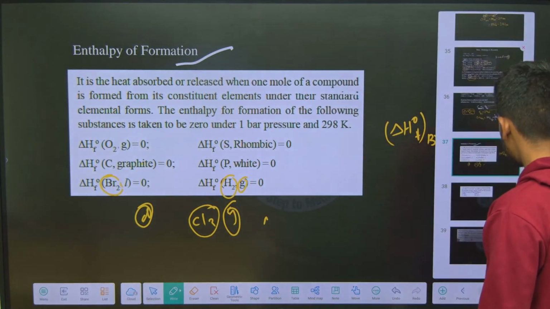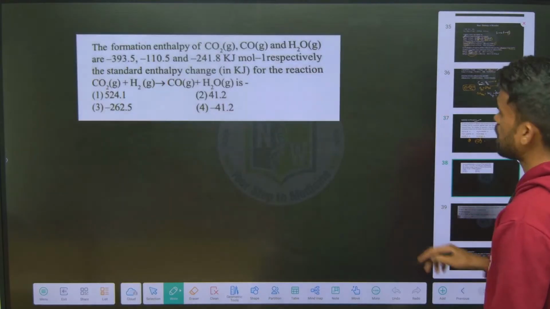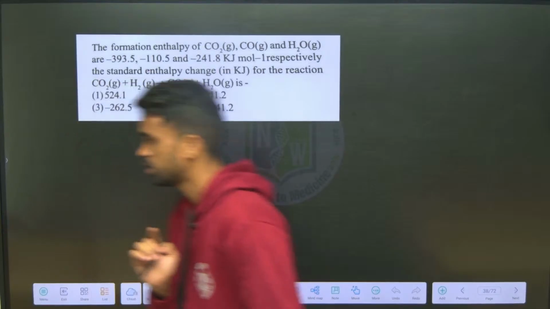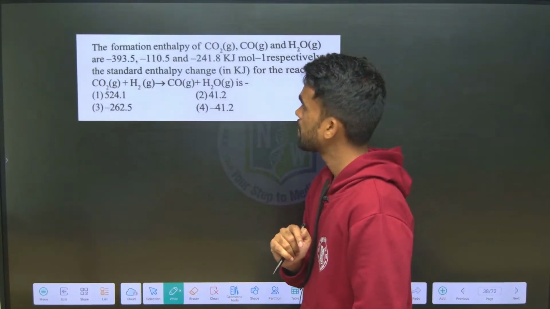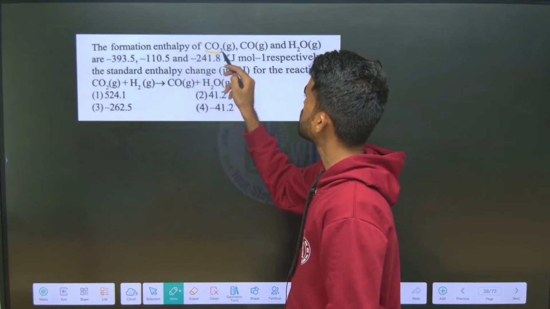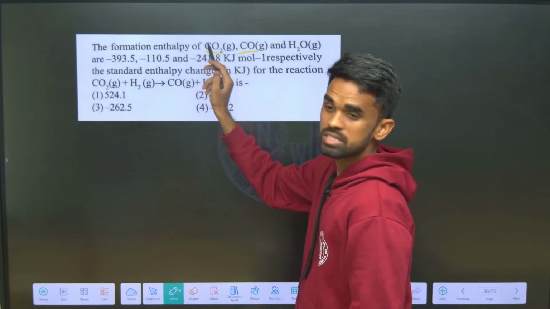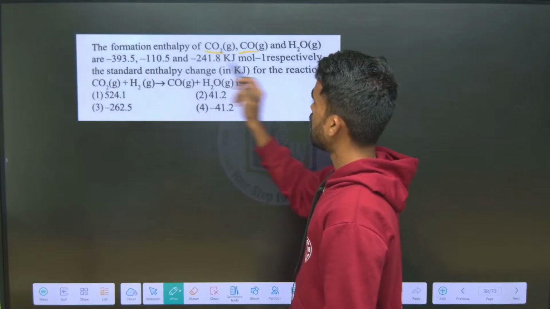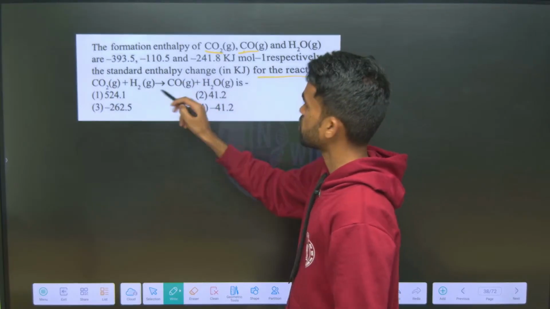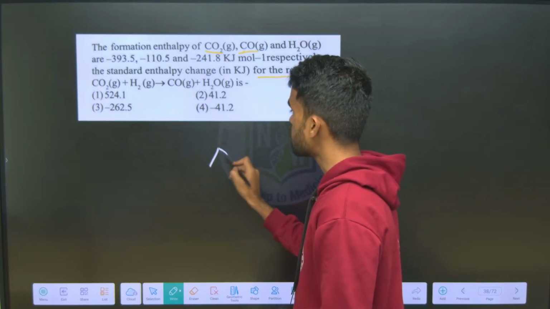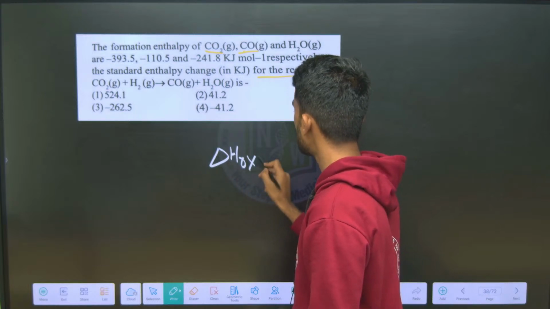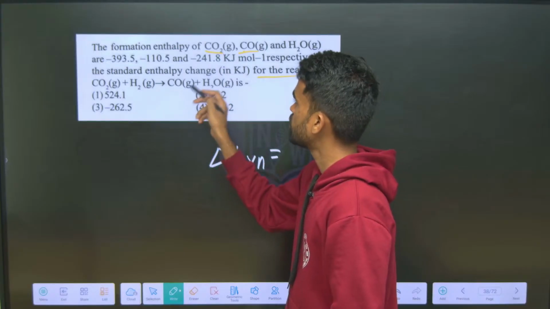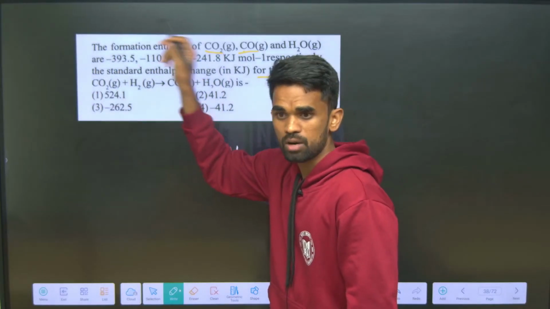Okay, right. Now tell me how we can solve this question. This is the last question I can discuss here. The enthalpy formations of CO2, CO, H2O are given like this. Then the enthalpy change for the given reaction. So enthalpy formations are given now. So then enthalpy of reaction will be taken as products forming minus reactants.